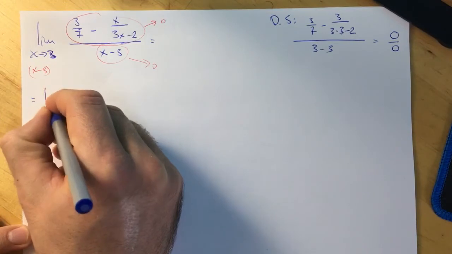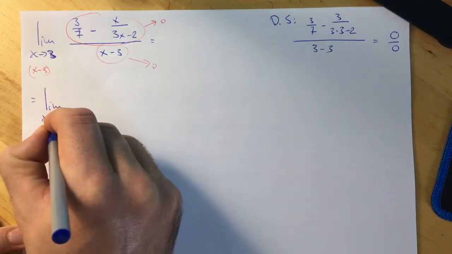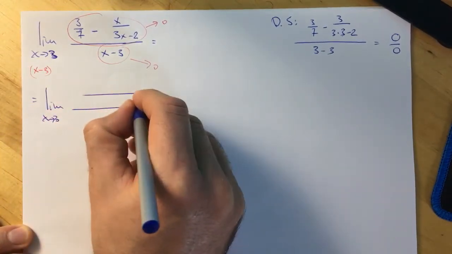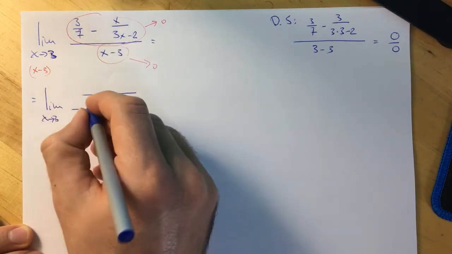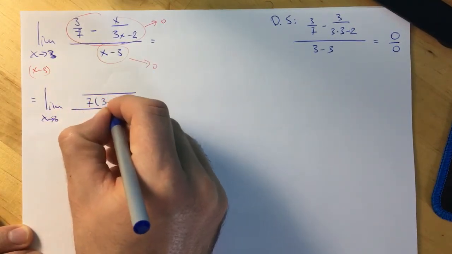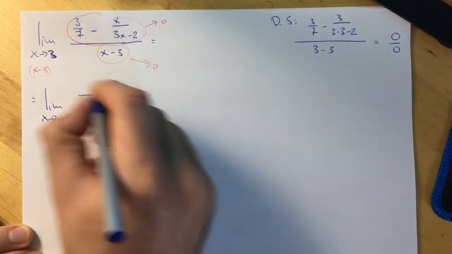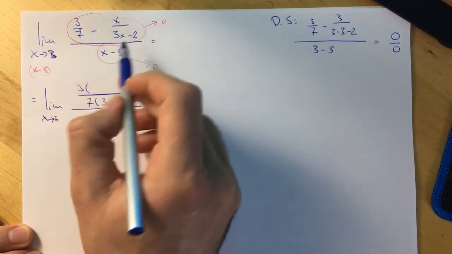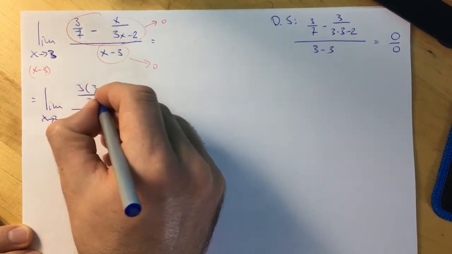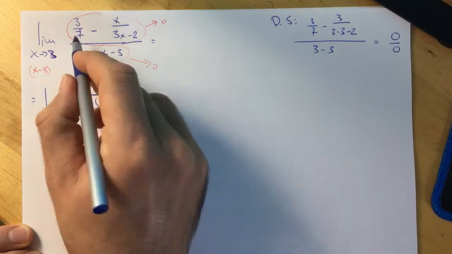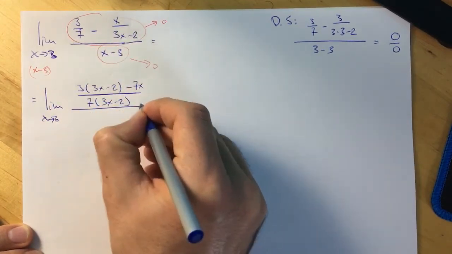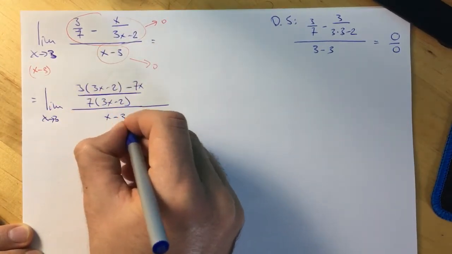First, bring the numerator under common denominator. The common denominator, these expressions are relatively prime, so it's 7 times (3x minus 2) times 3, on top of I have 3 times (3x minus 2) minus 7 times x, over x minus 3.